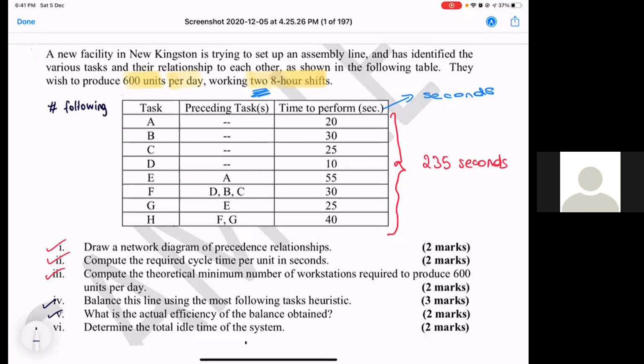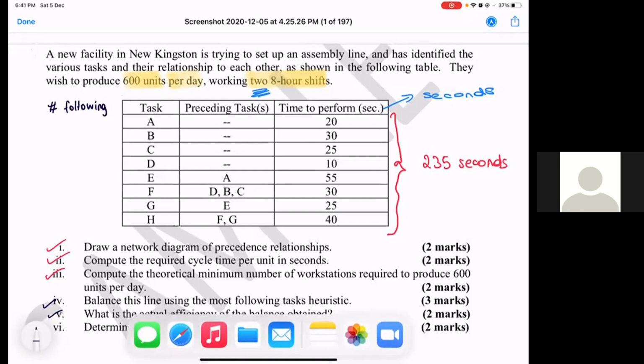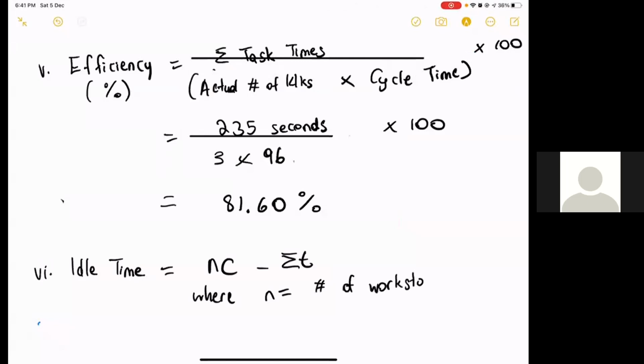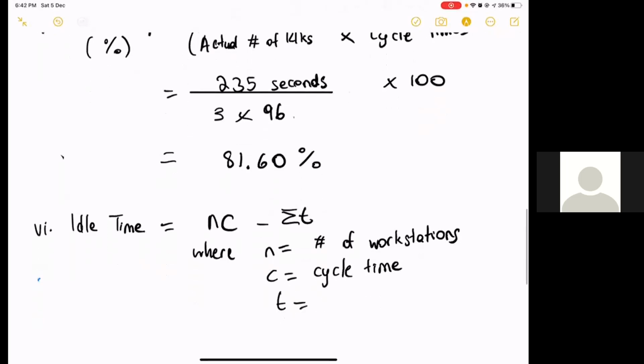For the system that we came up with, the idle time is NC minus the sum of T, where N is the number of workstations, C is your cycle time, and the sum of T is the sum of your task times.